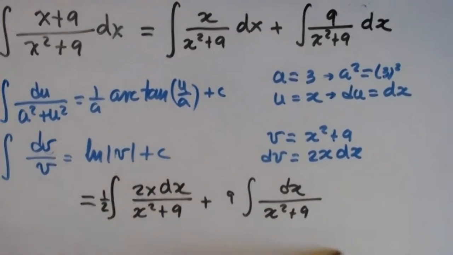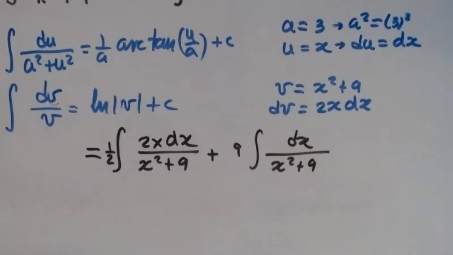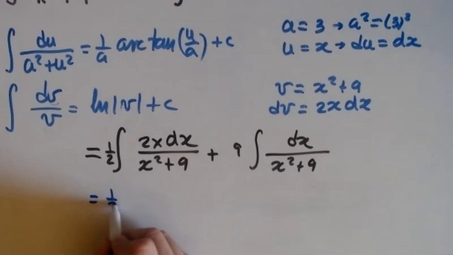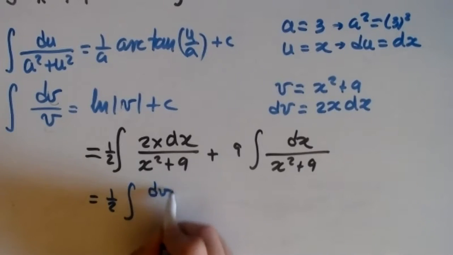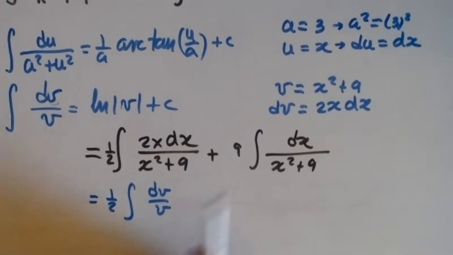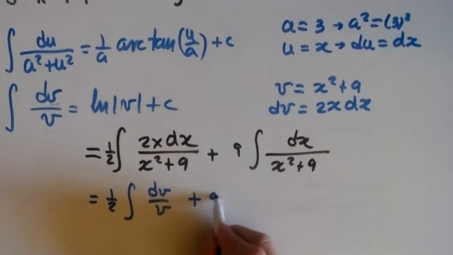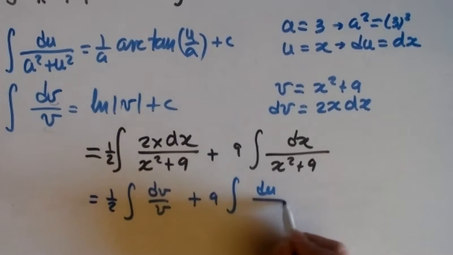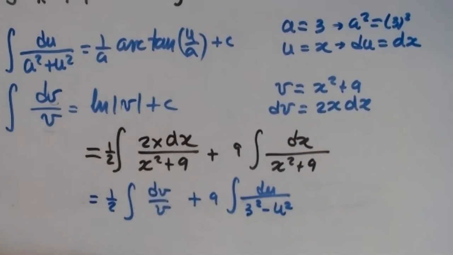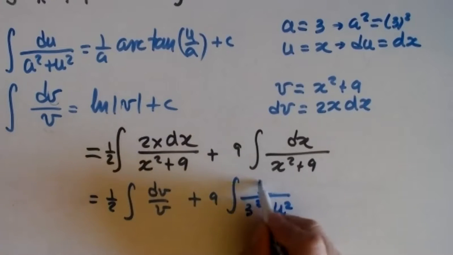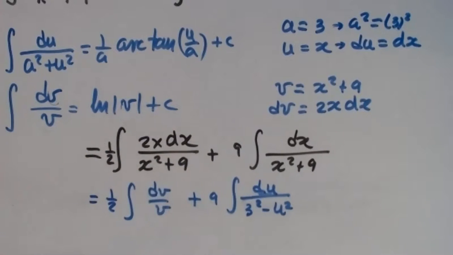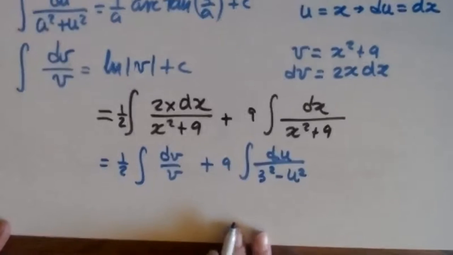Now I'm going to change my integrals. So this is going to be 1/2 integral dv over v. You see? dv over v. I use this substitution, plus 9 integral du over, in this case, 3 squared plus u squared, du. Okay, now solutions for these integrals is okay.